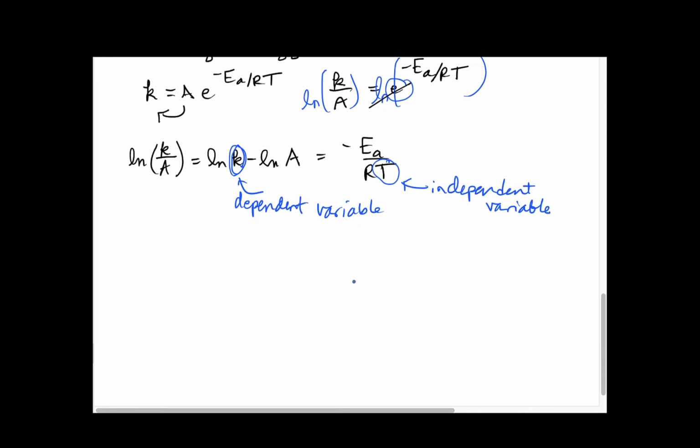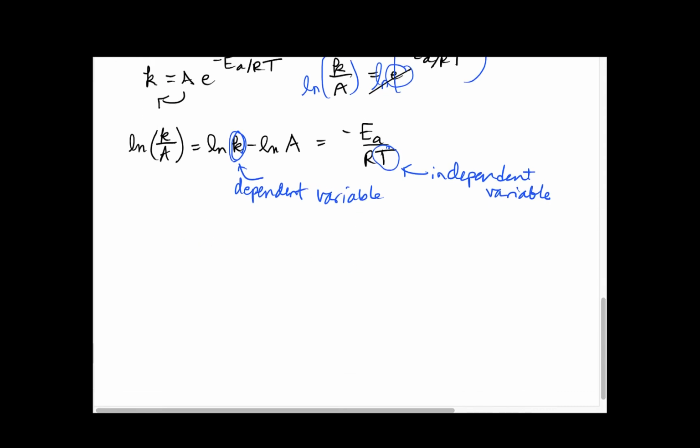And now I know what to graph, right? Very early on in your math, you probably were told that the dependent variable was on the y-axis and the independent variable was on the x-axis.